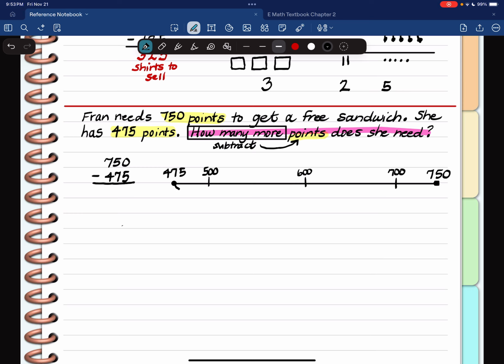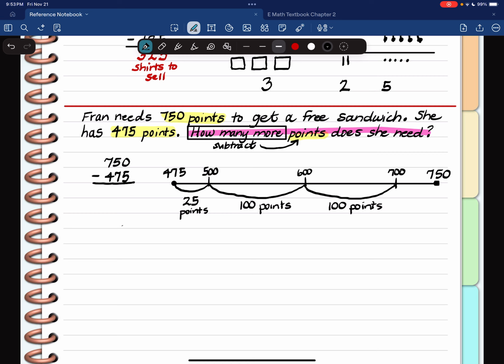From 475 to 500 is 25 points. And then from 500 to 600 would be 100 points. And from 600 to 700 would be another 100 points.